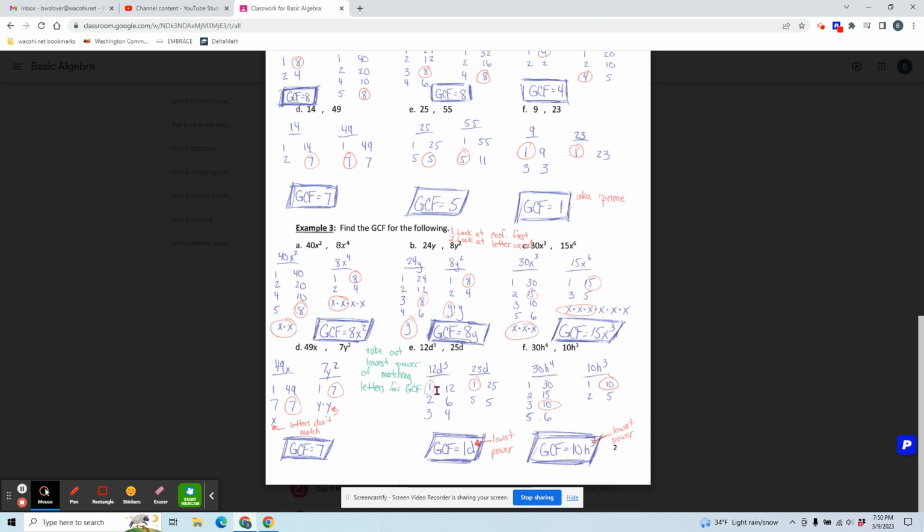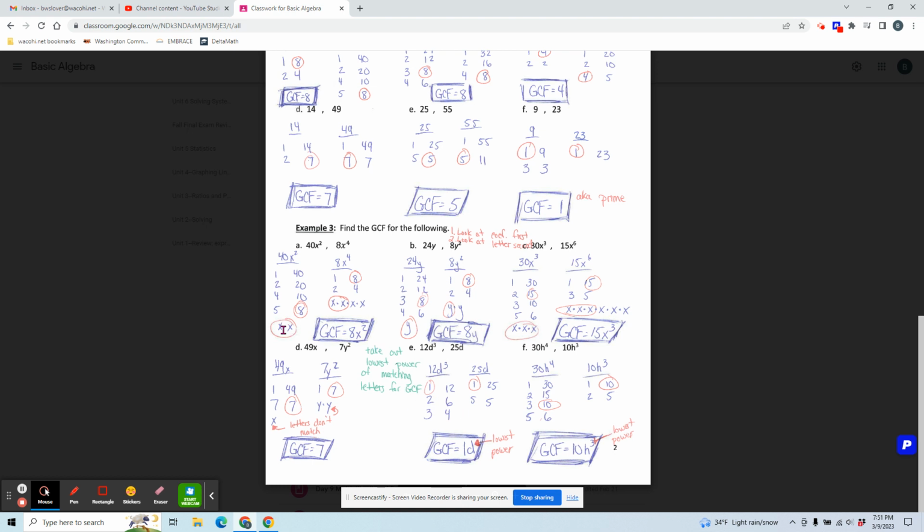Letter E, I've got my coefficients. My letters match. So I'm going to be able to take out a number and a variable. 1 is the greatest common factor for the coefficients. That's fine. Since I have the same letter, I can take out something, right? They both have something in common.